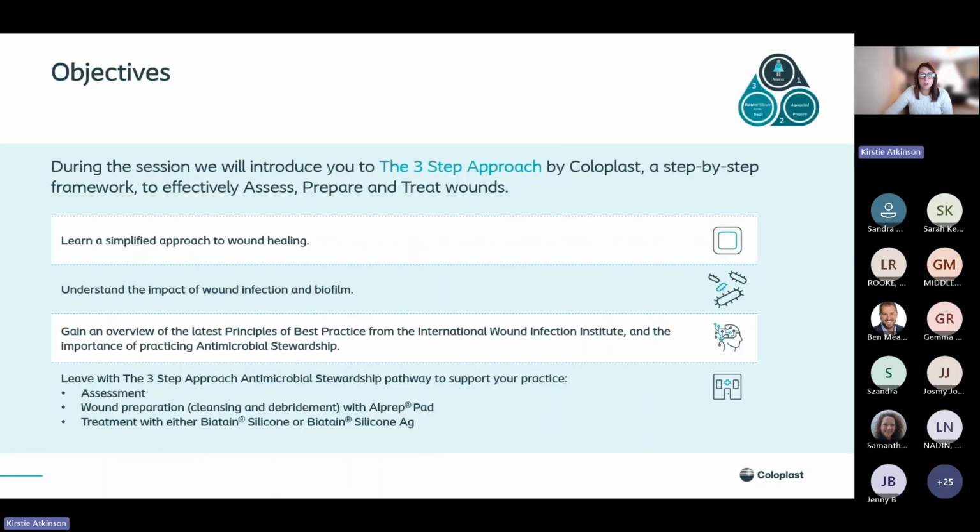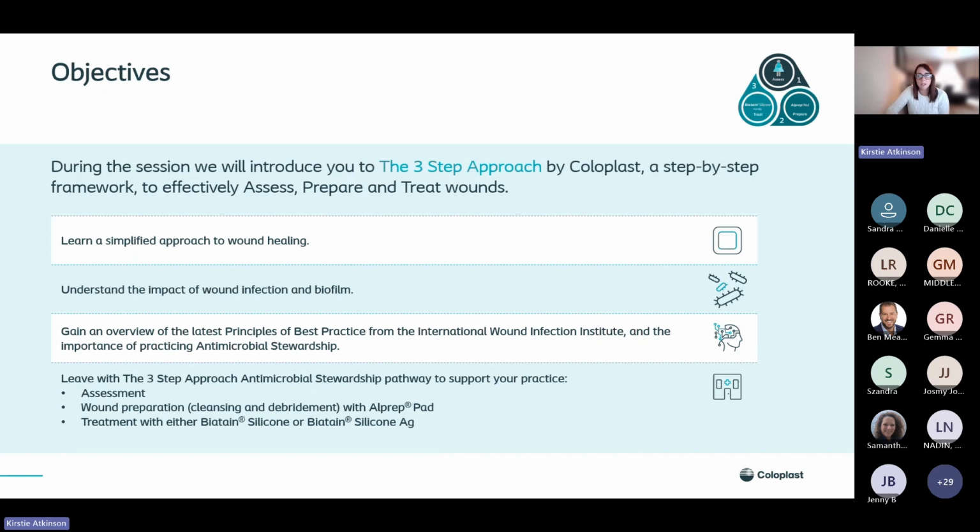So the objectives of today's session is we will introduce you to the 3-step approach by Coloplast, which is a step-by-step framework that allows you to effectively assess, prepare and treat wounds. Throughout the session, we'll relate that back to antimicrobial stewardship and wound infection. You'll learn a simplified approach to wound healing, understand the impact that wound infection and biofilm can have on antimicrobial resistance and antimicrobial stewardship, as well as wound care in general.